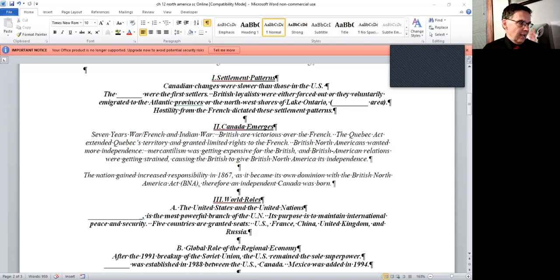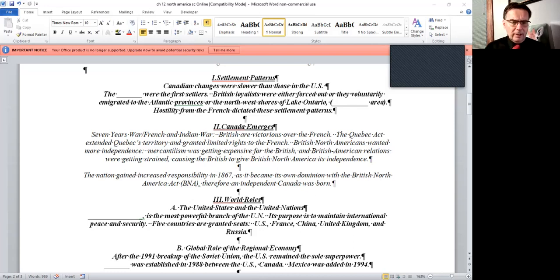So the nation gained responsibility in 1867 as it became its own dominion with the British North America Act, or the BNA, as Canadians know it. Therefore, an independent Canada is born.